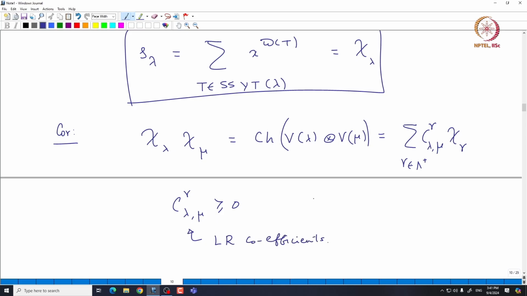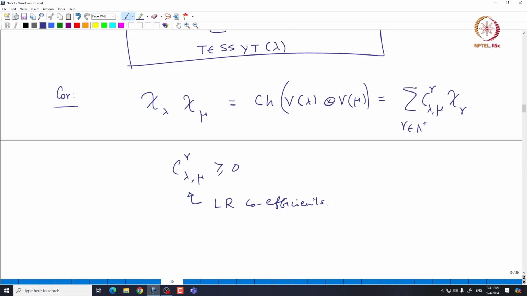So, what is the corollary? The corollary says if you take the product of two Schur polynomials, using the semi-standard Young tableau definition, it is not at all clear from the definition why the product of these two polynomials should be a non-negative linear combination of Schur polynomials, and that indeed comes from representation theory.